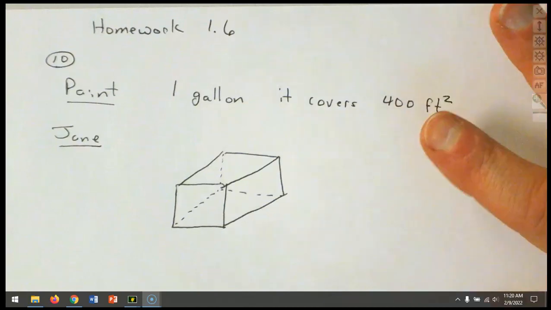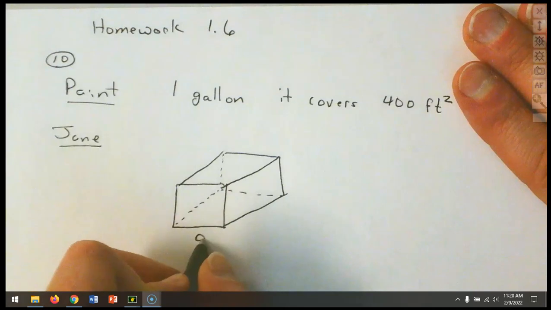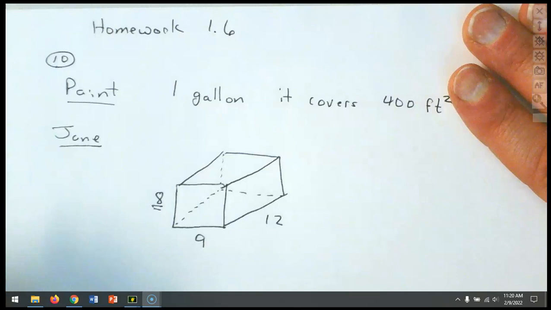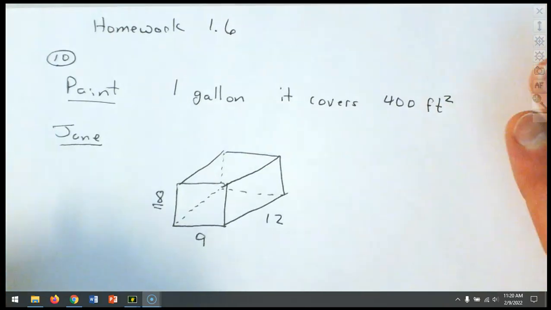So let's see what we've got. This room is 9 by 12. And we know the ceilings are 8 foot tall.